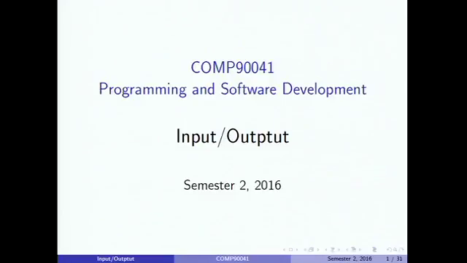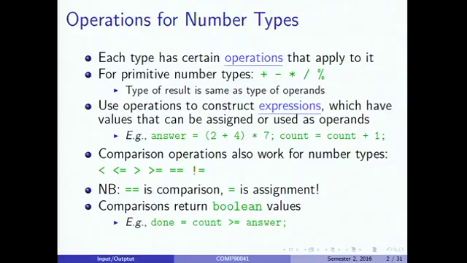All right, so the topic for today is mostly about input-output, but we're going to start off with a few easy topics. For the number types, we have a bunch of operations. For any given type, the most interesting thing about it is what are the things you can do with it?